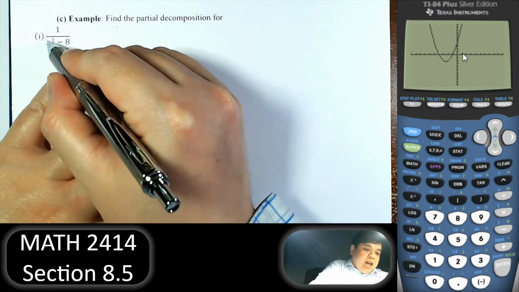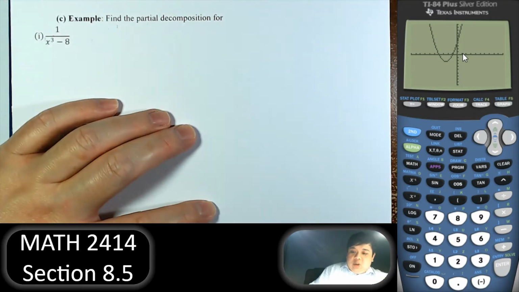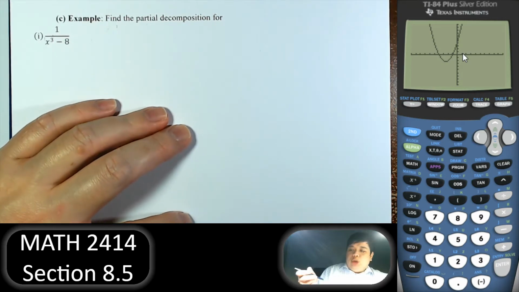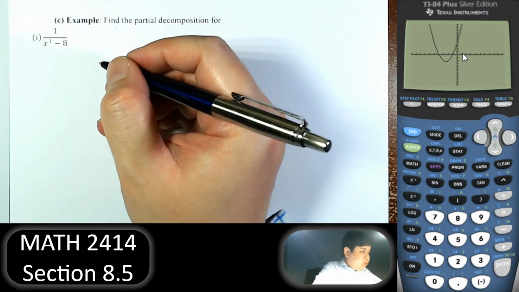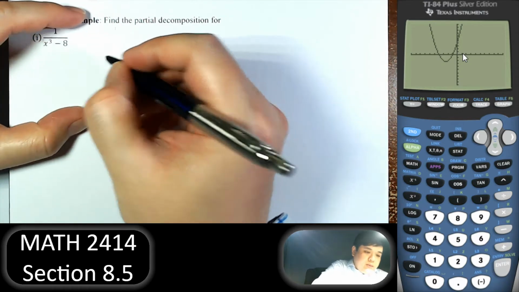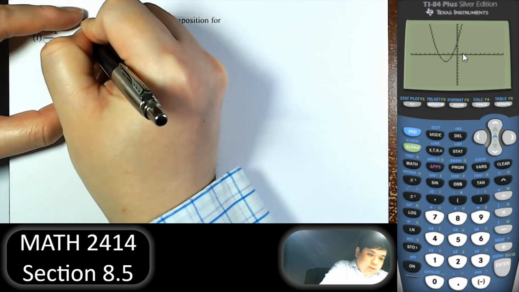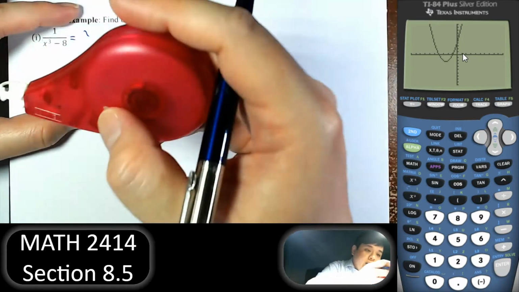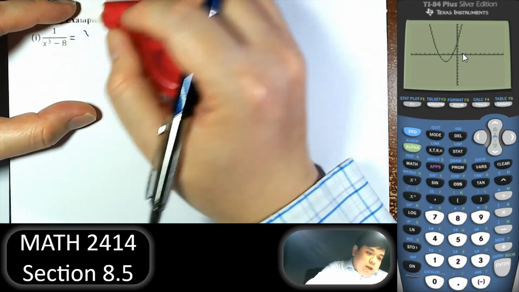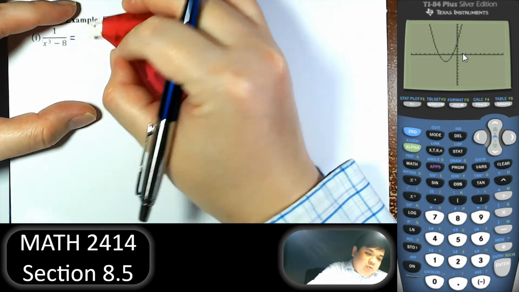So that is x cubed minus 8, which looks like x cubed minus 2 cubed. Just make sure that you have enough space to write very small.